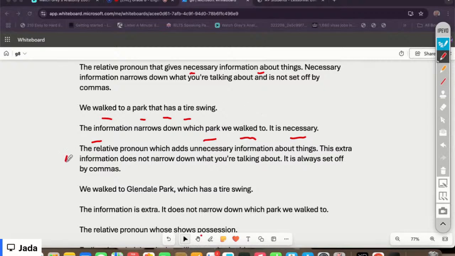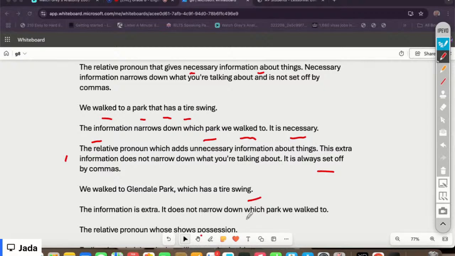Then we also have the relative pronoun which, which adds unnecessary information about things. This extra information does not narrow down what you're talking about. It is always set off by commas. We walked to Glendale's Park, which has a tire swing.